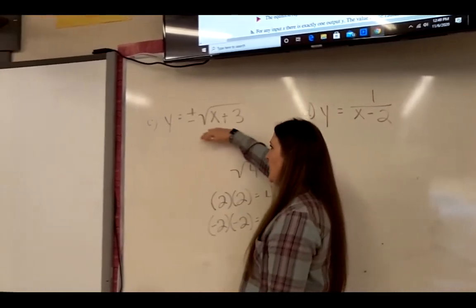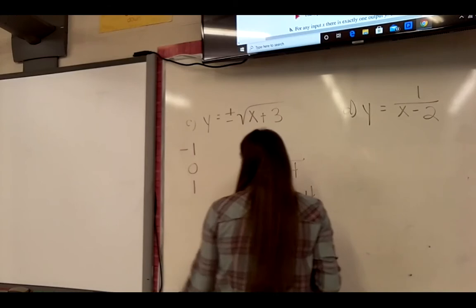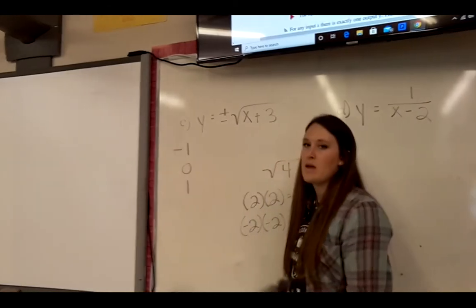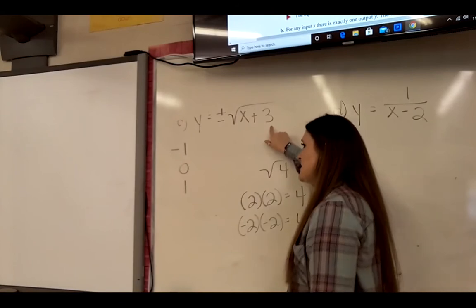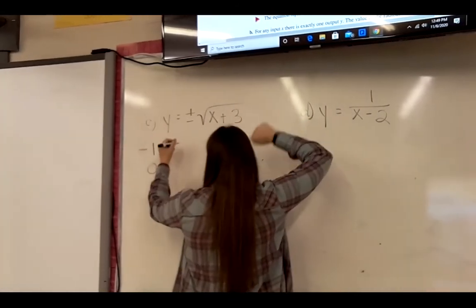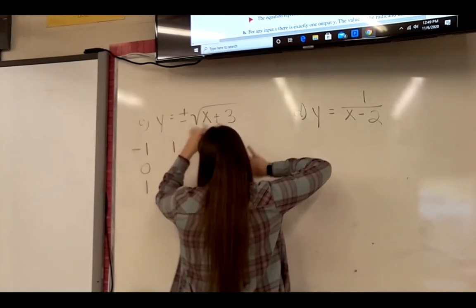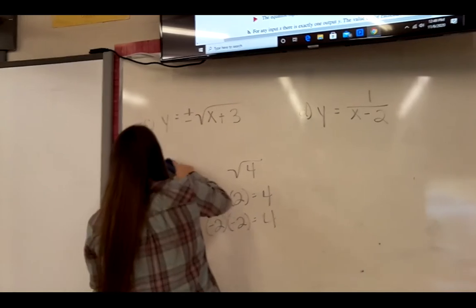Okay, so if we come up here, we're going to do like we have been. We're just going to plug some numbers in for x. Negative 1 plus 3 is what? 2. Square root of 2 comes out to like 1 point something, so we'll leave that. Wait, hold on.